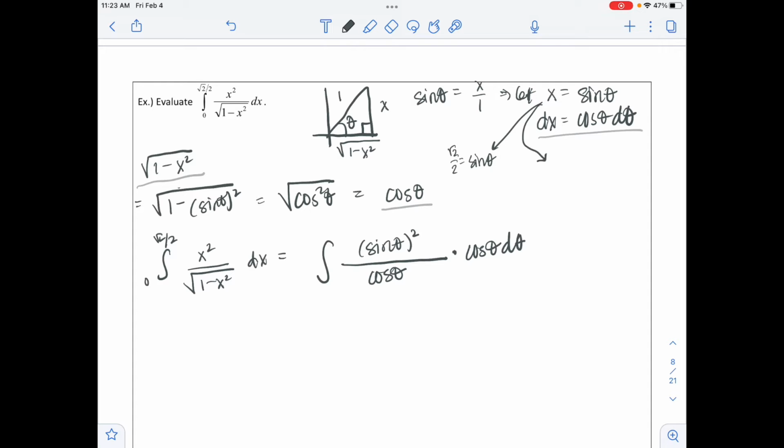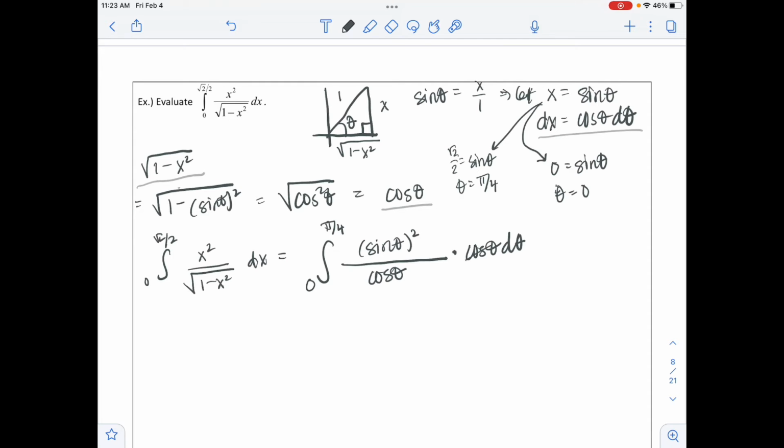And sine of theta equals rad 2 over 2 when theta is equal to pi over 4. So my new upper limit of integration is pi over 4. Likewise, my lower limit of integration was 0, so x was equal to 0, and sine of theta equals 0 when theta is 0. So my lower limit of integration is 0.